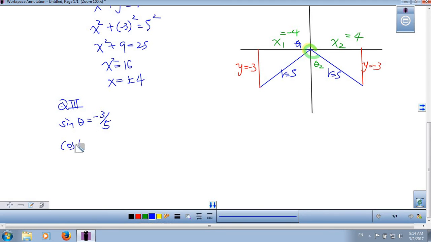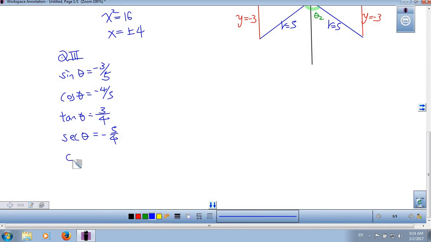The cosine of theta will be -4/5, because it's x over r. Tangent of theta will be positive 3/4, opposite over adjacent, or y over x. Secant of theta will be -5/4, the reciprocal of cosine. Cosecant of theta will be -5/3.